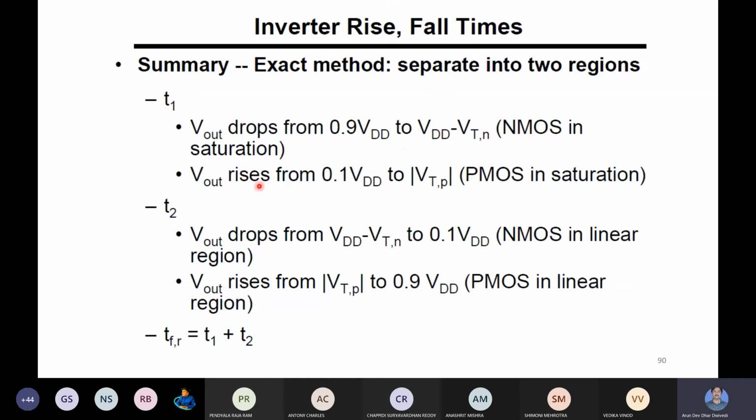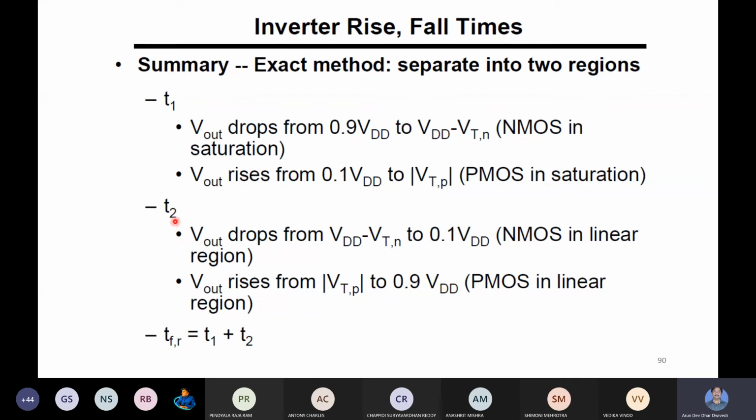If you are calculating the propagation delay during the falling edge, meaning the output is falling, and you are calculating fall time, then you have to take NMOS into consideration, 0.9 of VDD to VDD minus VTN. But if you are calculating rise time, then Vout should rise from 0.1 VDD to VTP for PMOS in saturation.